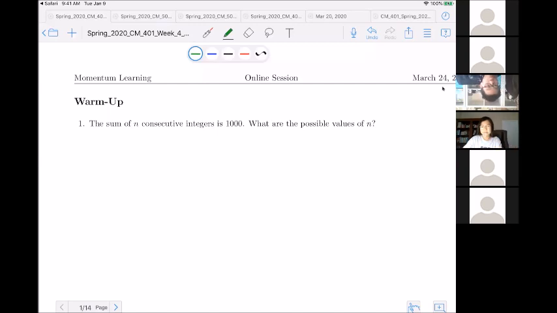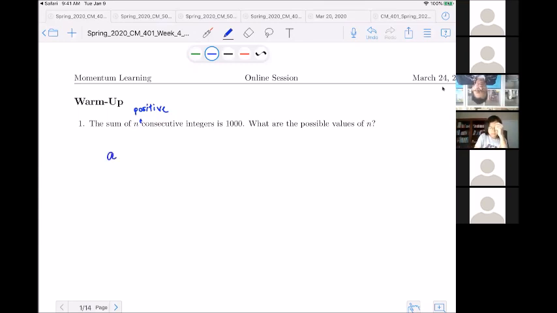So the sum of n consecutive integers, let's start with positive here. Let me write positive, just for the time being. The sum of n positive consecutive integers is 1000. What are the possible values of n? I start with any number, so I have n numbers.